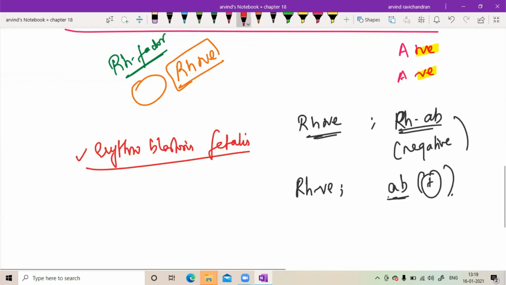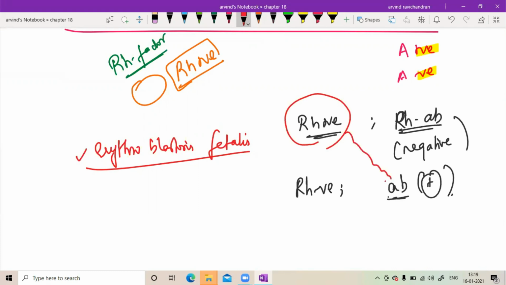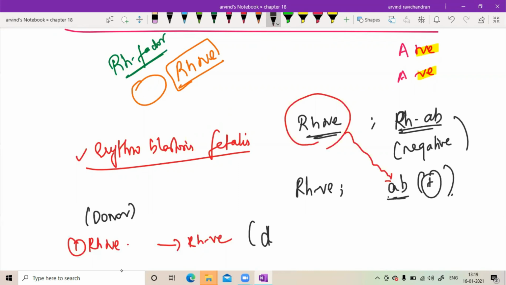If I try to administer, listen carefully, an Rh positive blood to an Rh negative person, first case, just think what will happen. This donor has the Rh antigen in his RBCs, and the recipient has got corresponding antibodies in plasma. So what will happen?